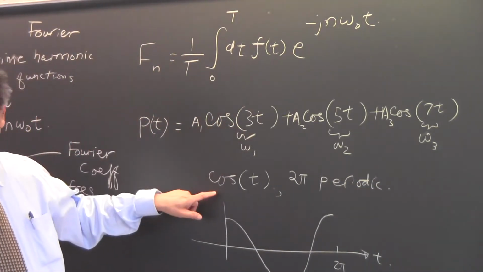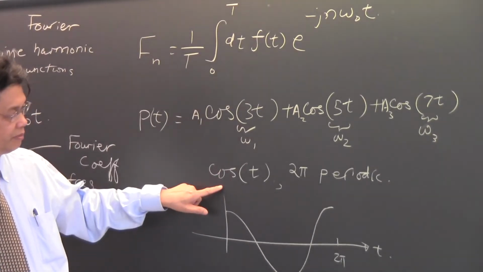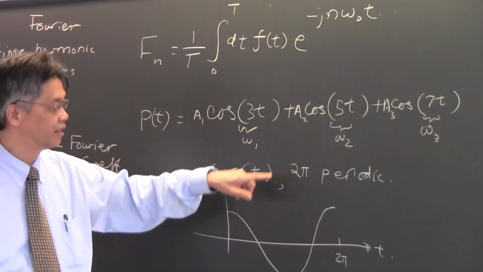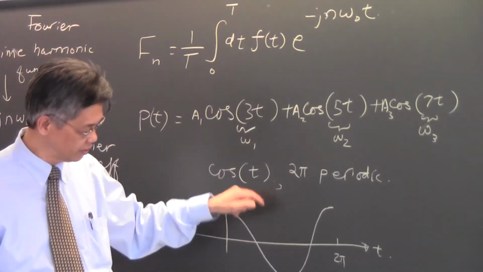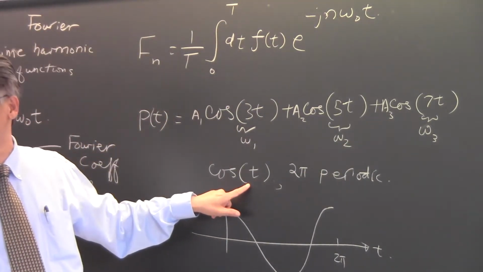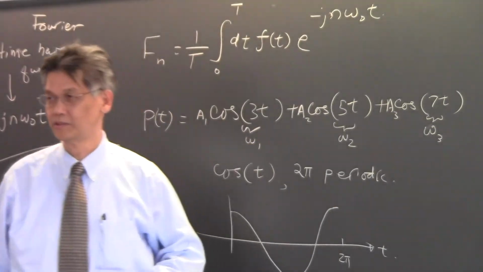But this is just 3 times faster than this one. Okay, but this one will still be 2 pi periodic. It just goes faster by 3 times. This one is 5 times faster than this one, so it is still 2 pi periodic. And this one is 7 times faster than this one. It goes around 7 times faster, but it's still 2 pi periodic.